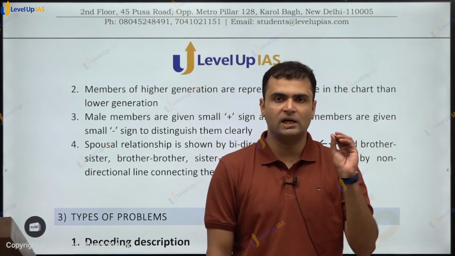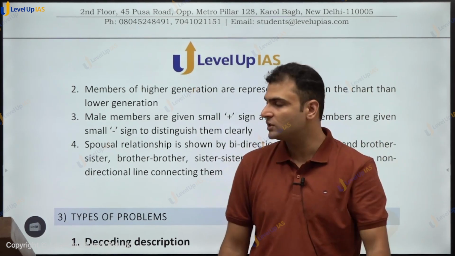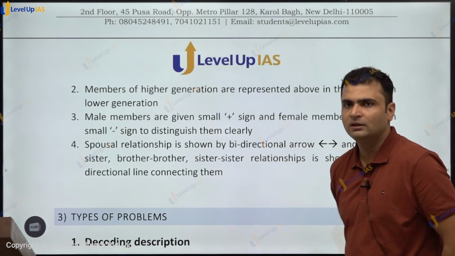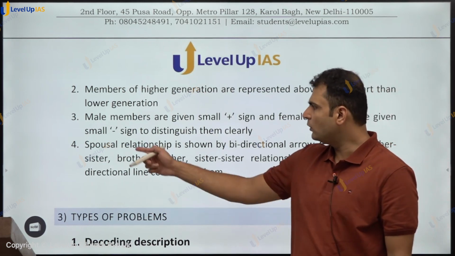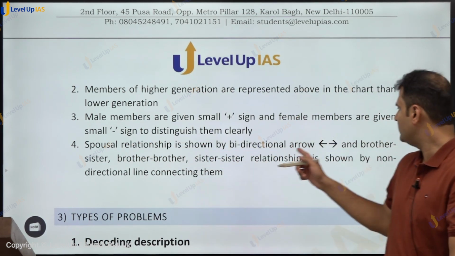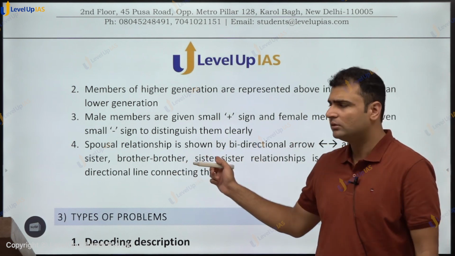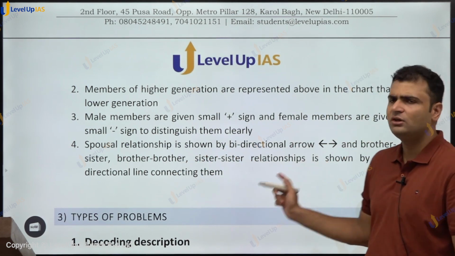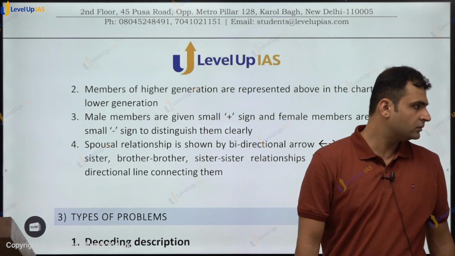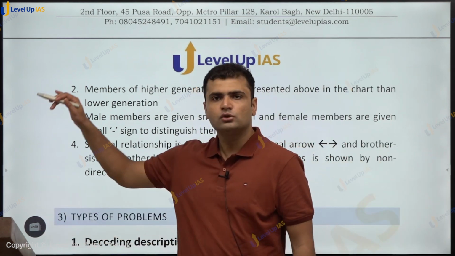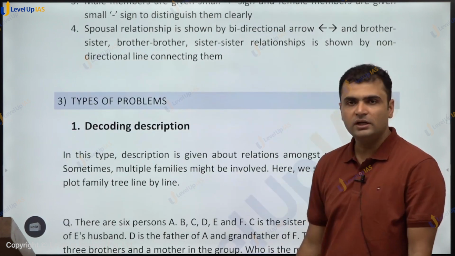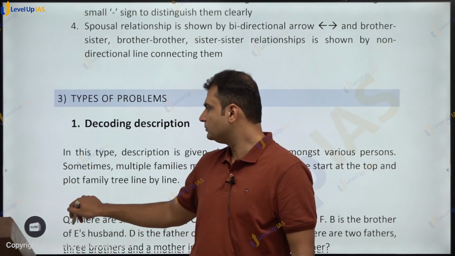What the question has given, we only put that much information beside the person. And fourth, spousal relationship is shown by a bidirectional arrow, and brother-sister or sibling relationship is shown by a non-directional line connecting them. Okay. So with this, let us try to draw family trees and solve a few problems.